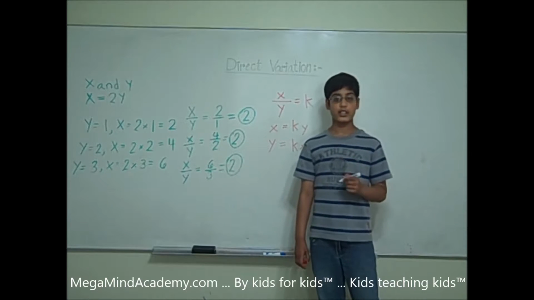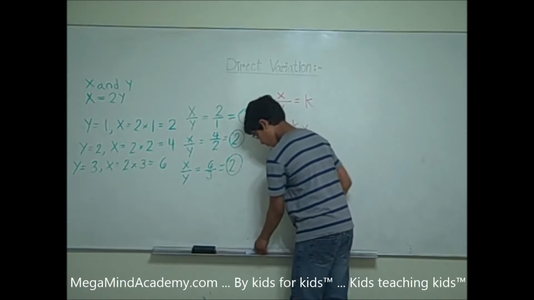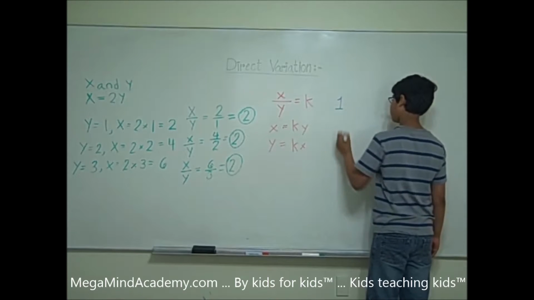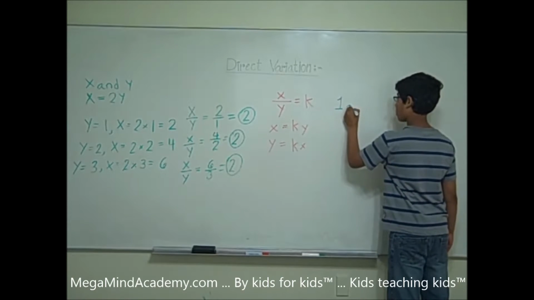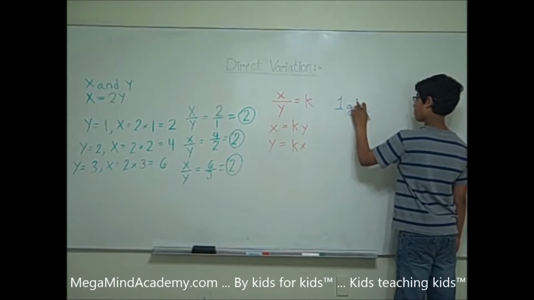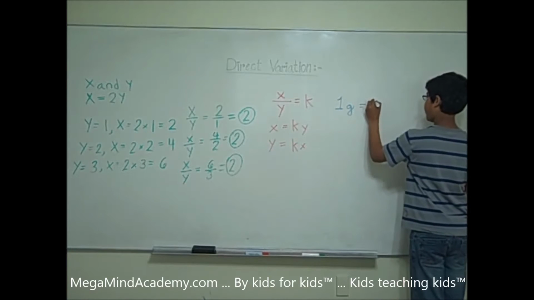Let's look at a real-life example. 1 gallon of milk costs $3.